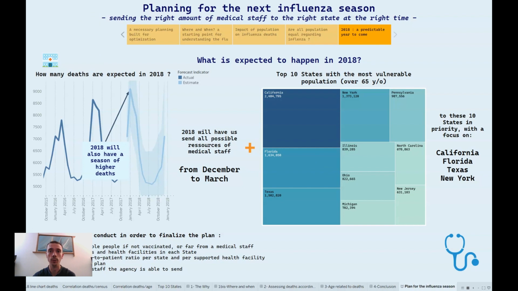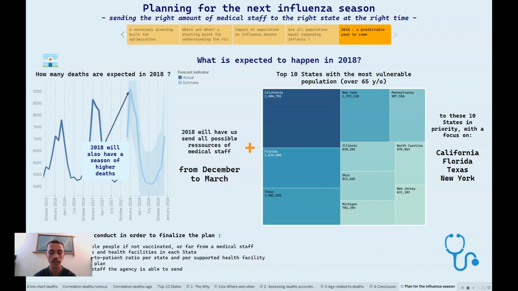Well, now that we know for sure that we will have to send more people from December to March, and mostly to California, Florida, Texas, and then New York, what's next? Well, next, in order to go further, the study will need to add some data about vaccination rates by age across the states in order to have a clear view on the actual vulnerability.